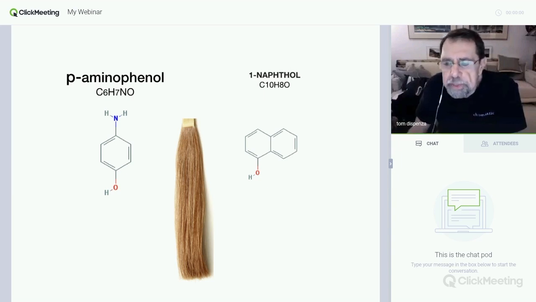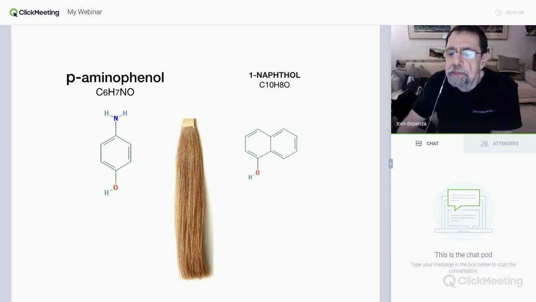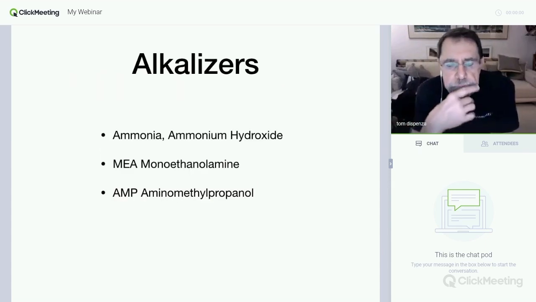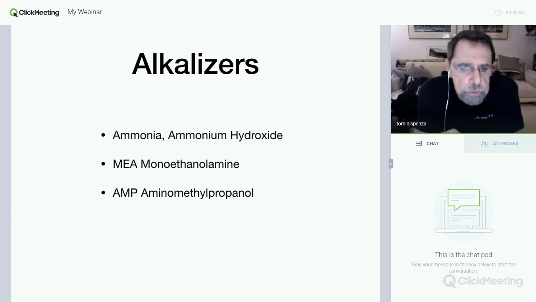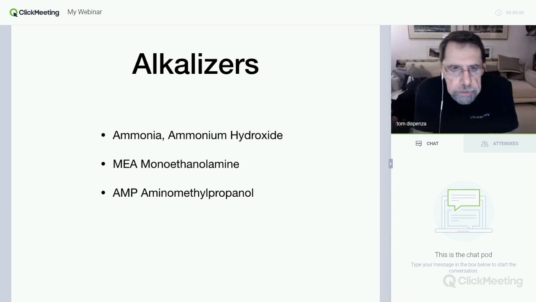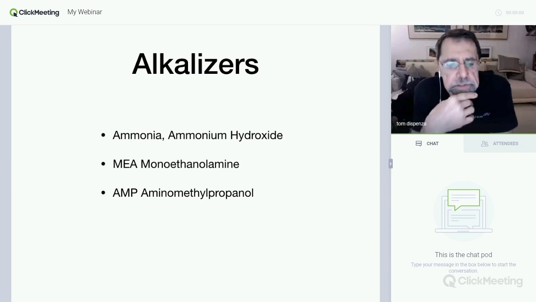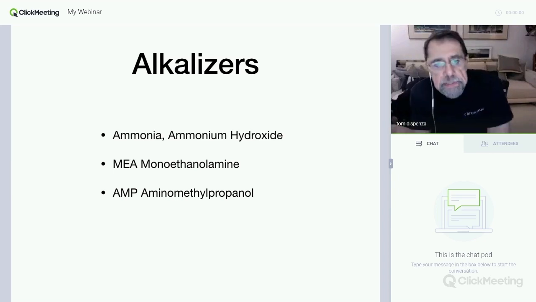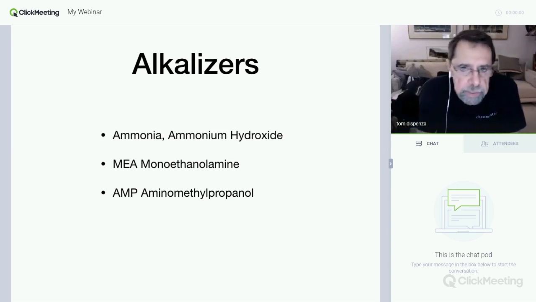Now let me take you on to the second topic that is terribly misunderstood in our industry. And this has to do with alkalizers. Now, generally, there's 3 different alkalizers that we use in our industry. Ammonia, which is a gas, so of course it has to be dissolved in water, and it becomes ammonium hydroxide.